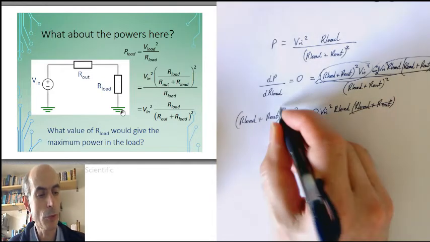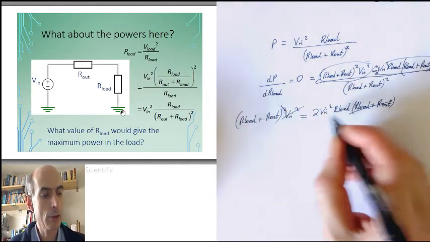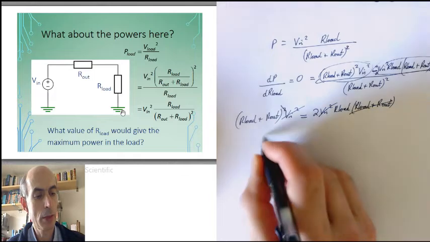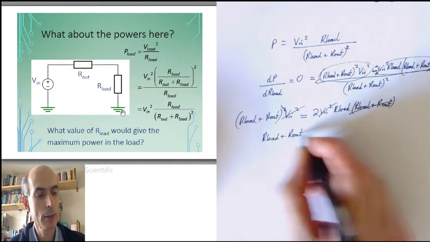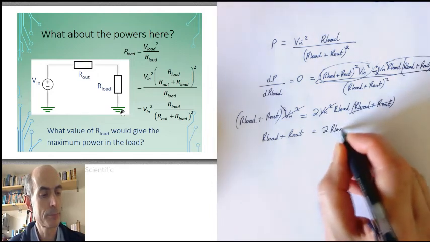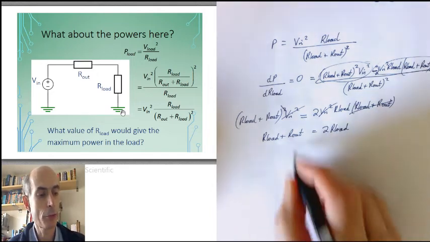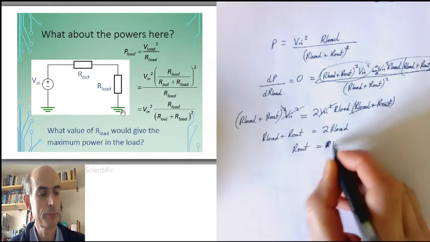That cancels with one of the square terms in here. The Vins cancel. That gives me R load plus R out equals twice R load. Subtract R load from both sides. R out equals R load.